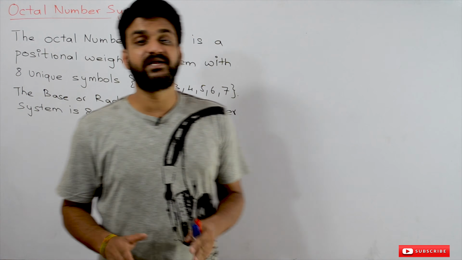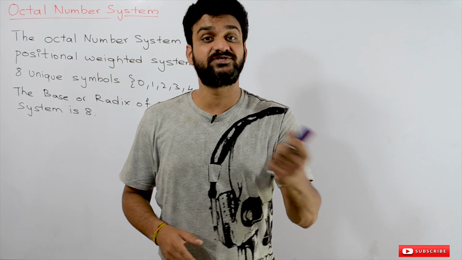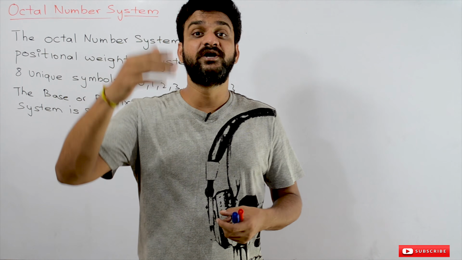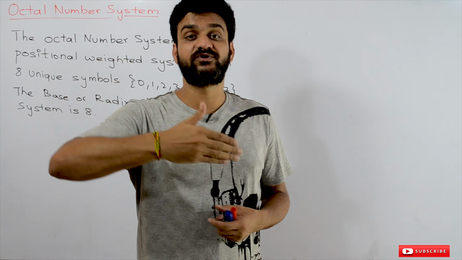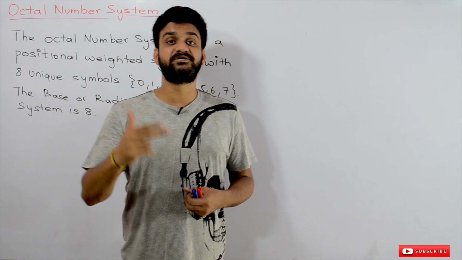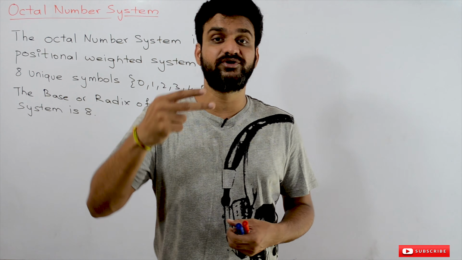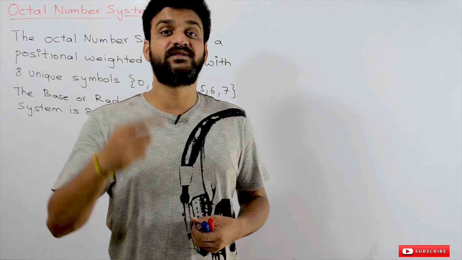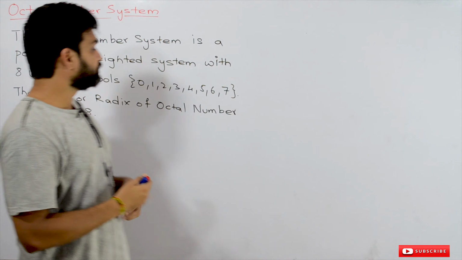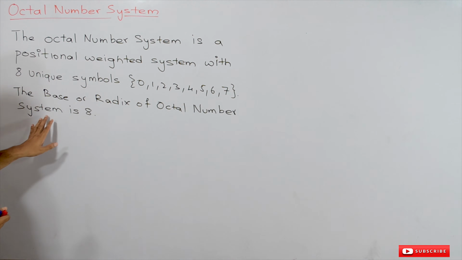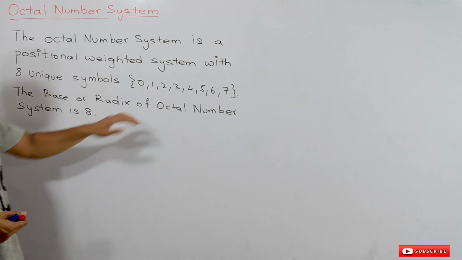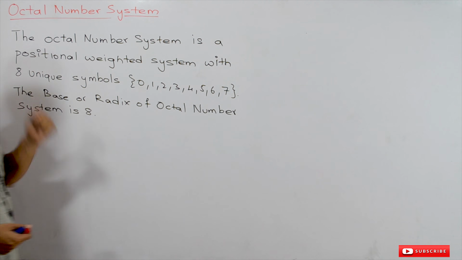If you take the decimal number system, it has a base of 10, which means that the decimal number system is made up of 10 unique symbols, from 0 to 9. If you take the binary number system, it is made up of 2 unique symbols. That is the reason why the binary number system has a base of 2. Now if you take an octal number system, it is made up of 8 unique symbols. So the base or radix of the octal number system is 8.